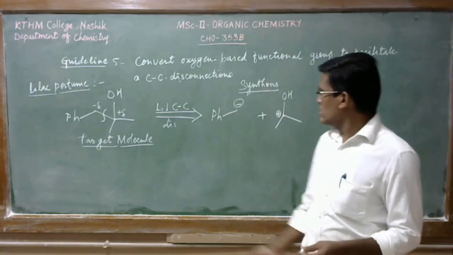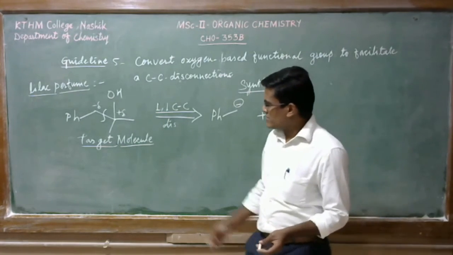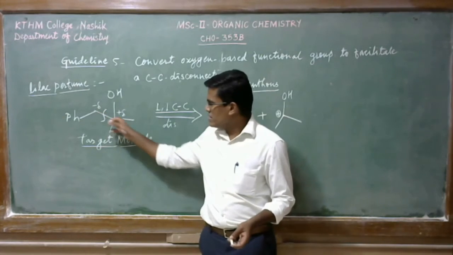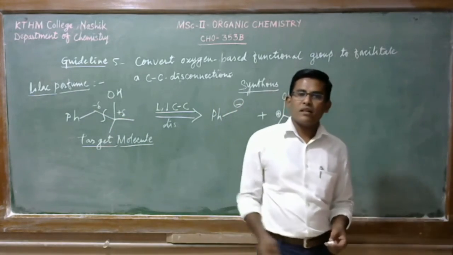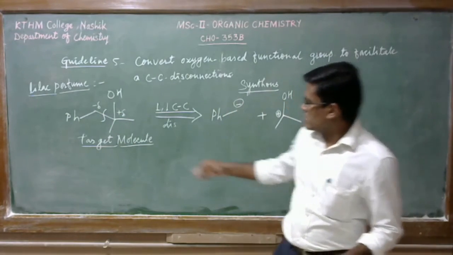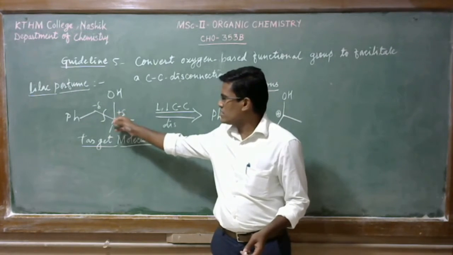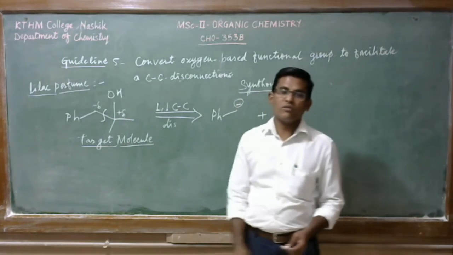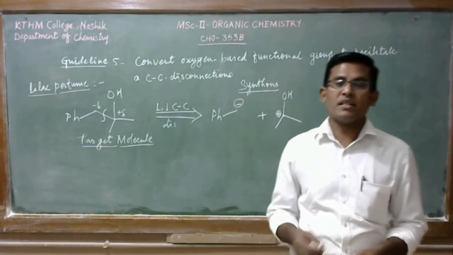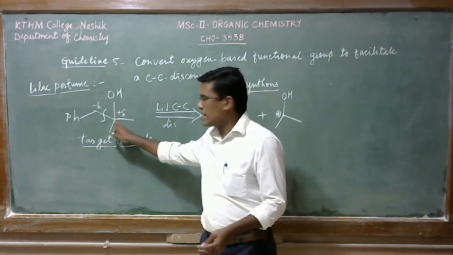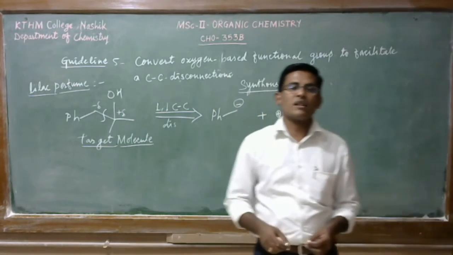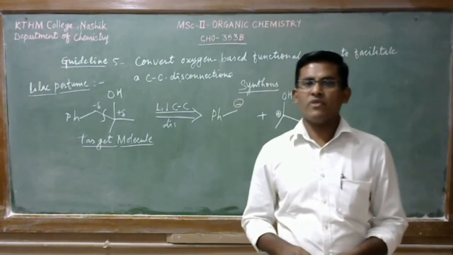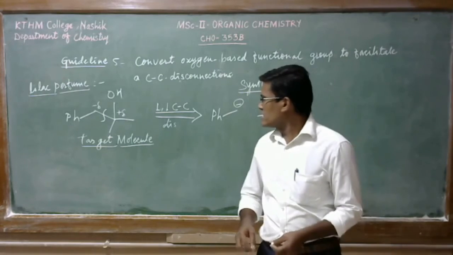Why is it a 1-1 carbon-carbon disconnection? Because the bond which is disconnecting is next to this carbon, and the alcohol hydroxyl group is present at this carbon. So that is a 1-1 carbon-carbon disconnection.